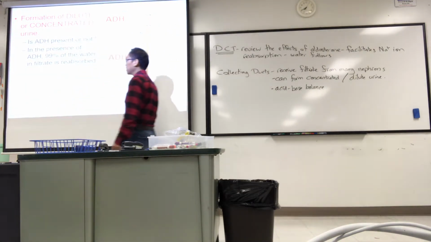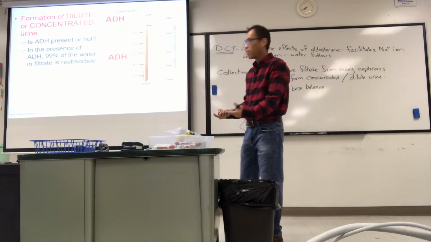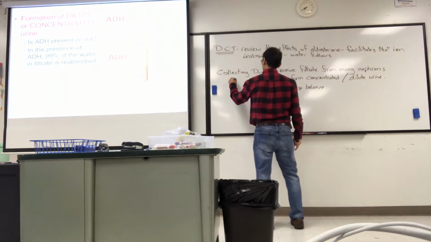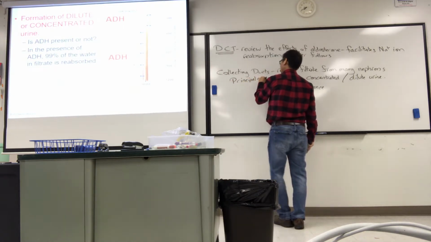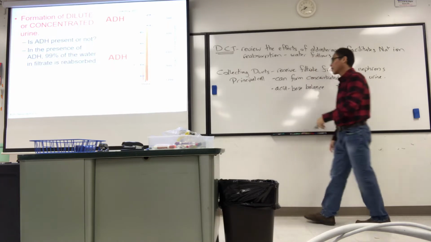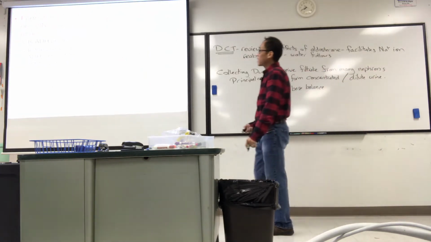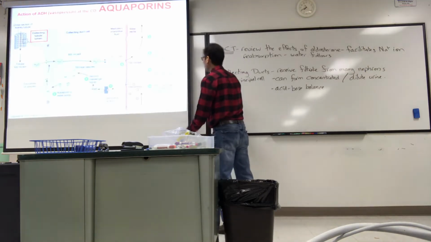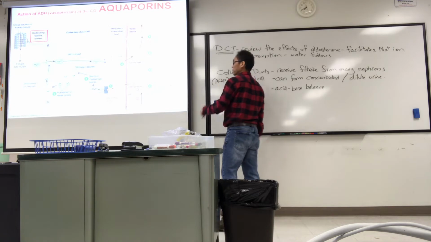So the names of the cells that contain the aquaporins, well, they just call them the principal cell. So the principal cell of the collecting duct, they're the ones that have the aquaporins. And that's shown here. AQP is my abbreviation for aquaporins.